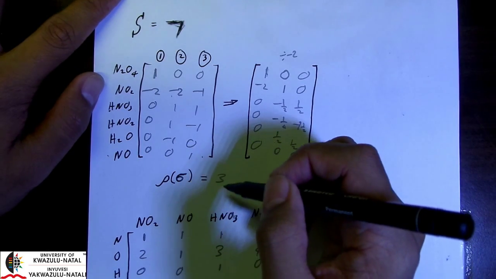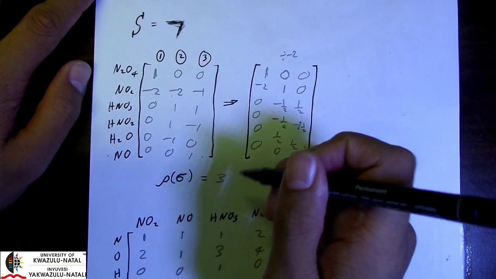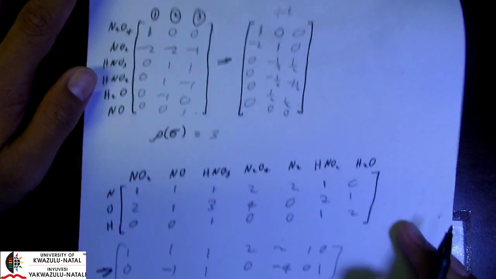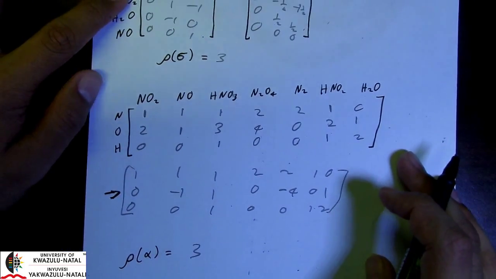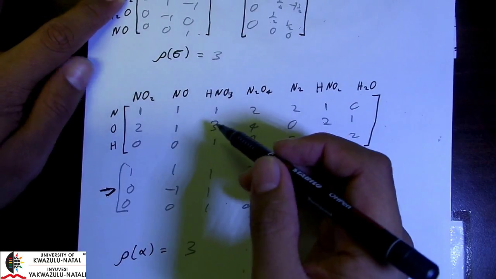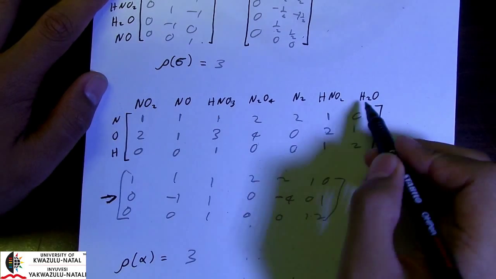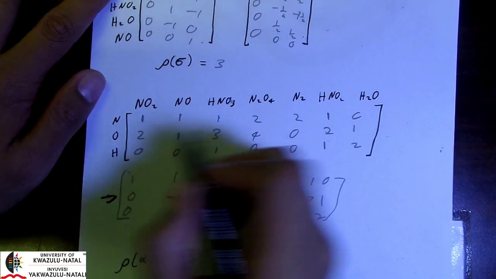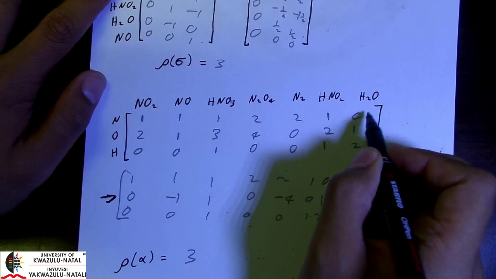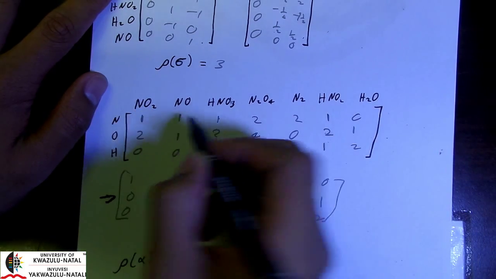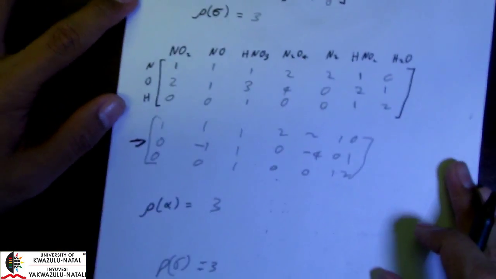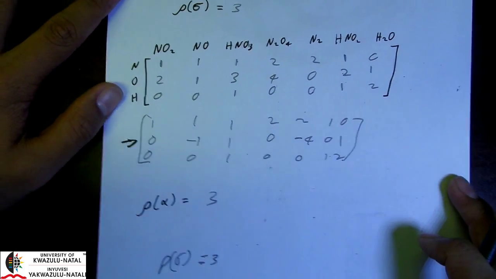Now we need to find rho of alpha, or the number of independent element balances. We've looked at this as well. There are 3 different elements and of course 7 species, and we can list all of their element counts in each species and perform a row reduction.